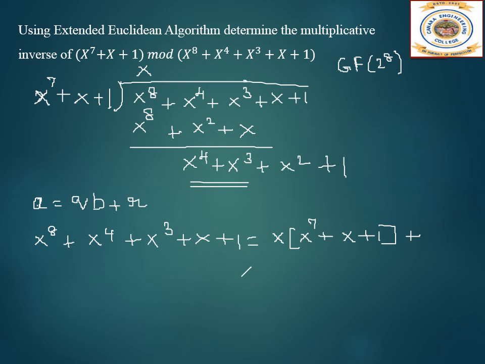The remainder is x to the power 4 plus x cube plus x square plus 1.